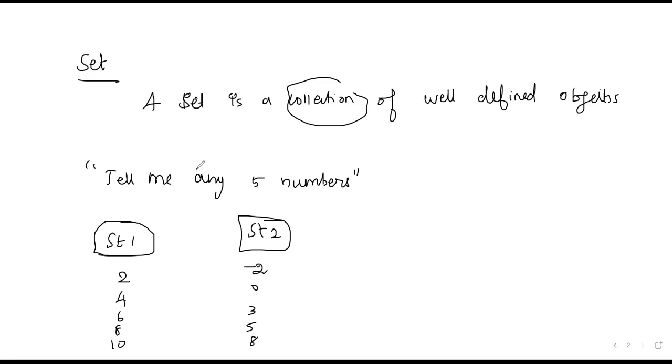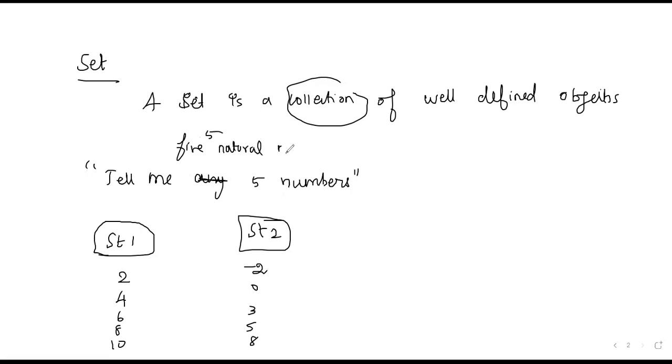Instead of this statement, I'm putting some more precise conditions so that I can get the same answers from everyone. I'm writing it as, tell me the first five natural numbers.